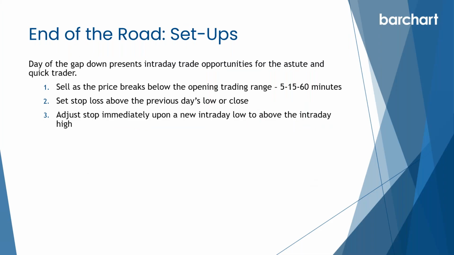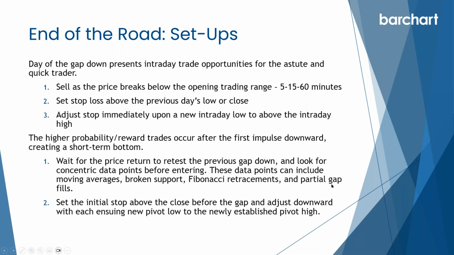and talk about where I really think the potential is for these end of the road setups. Higher probability risk reward type trades occur after that first impulse downward, creating these short-term bottoms. So what we want to do is wait for price to return or retest that previous gap down, that end of the road gap.